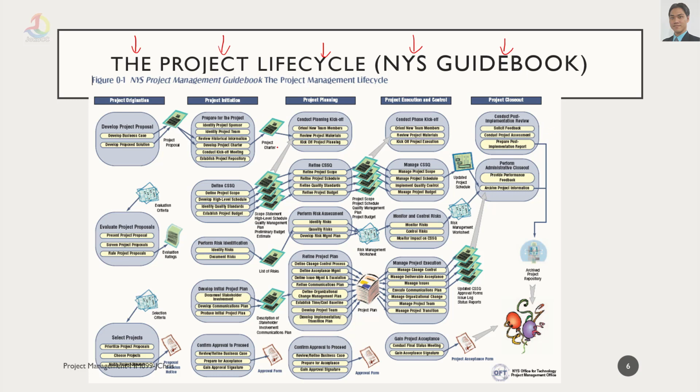These 5 big group processes, you can say, consist of many smaller processes, such as develop project proposals, evaluate project proposals, and select proposals in the project origination. And you can see from this life cycle, there are many documents that are generated and used in the life cycle of the project.